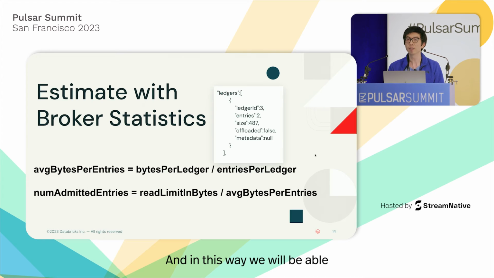In this way, given a start message ID, we will be able to compute the end message ID by adding the number of entries that we are going to process. Then we process the data between the start message ID and end message ID inside a trigger.